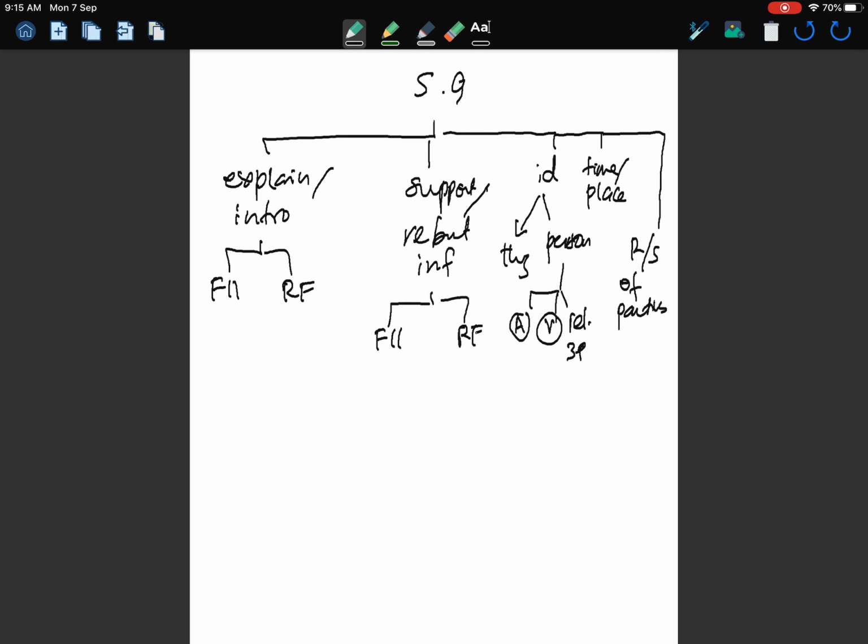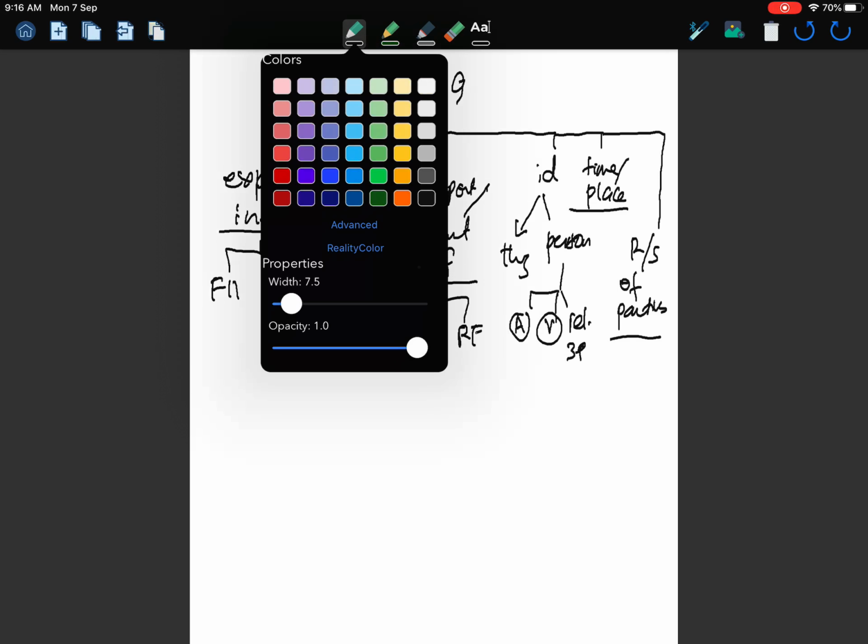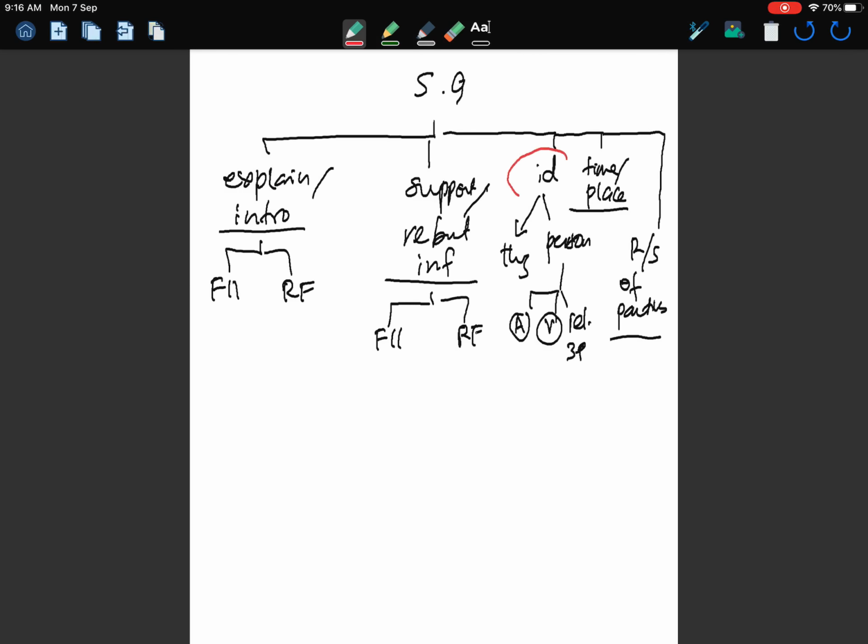Now, we are going to look at this one by one. In general, in this lecture 1, we are going to look at evidence to explain or introduce, support or rebut, time and place, and relationship of parties.